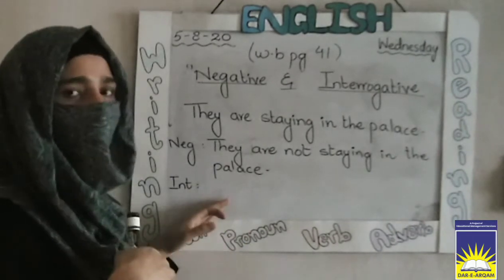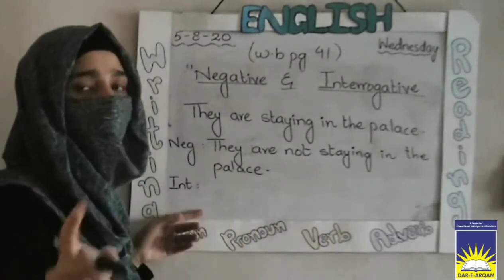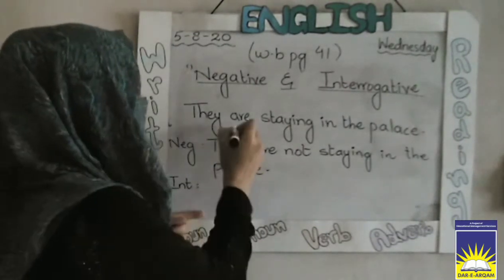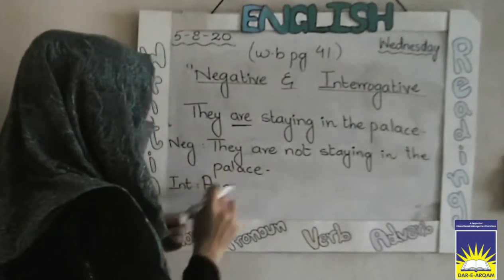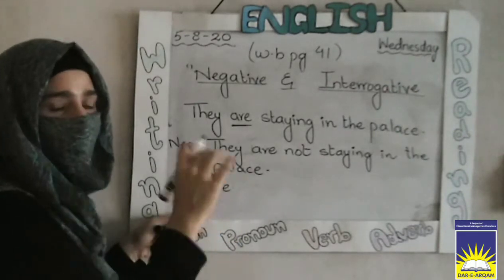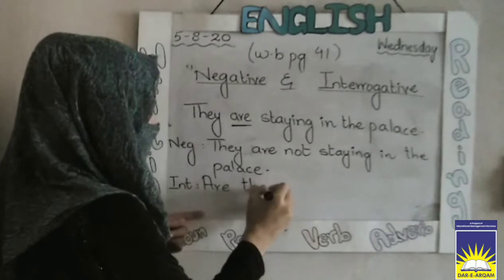Now let's check how I am converting it into an interrogative sentence. As I told you, we put the helping verb at the beginning. So here the helping verb is "are", and I am going to write it here. I am starting my sentence with the helping verb: Are, then the subject.